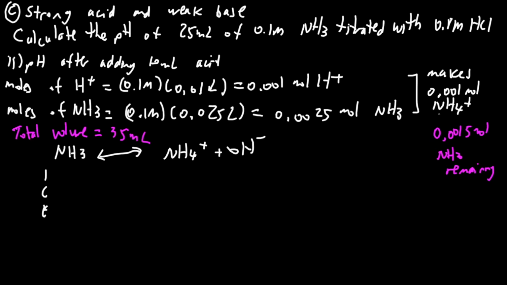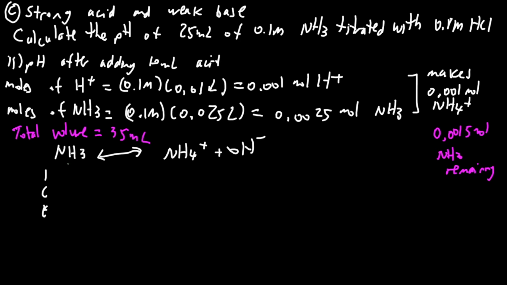conjugate NH4+. Keep in mind that the total volume changed now, because before we had just 25 milliliters, but now we added 10 milliliters of acid, so in total we have 35 milliliters. Using our ice table, now let's fill this out and calculate our new concentration.